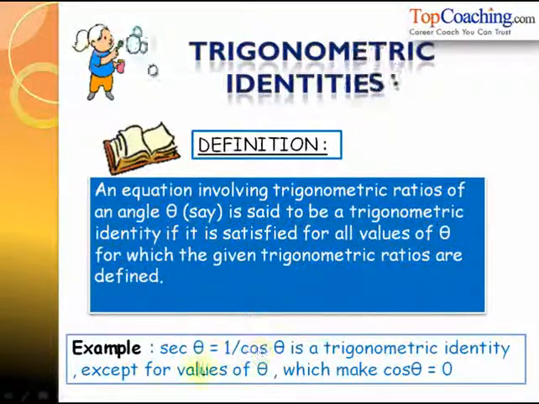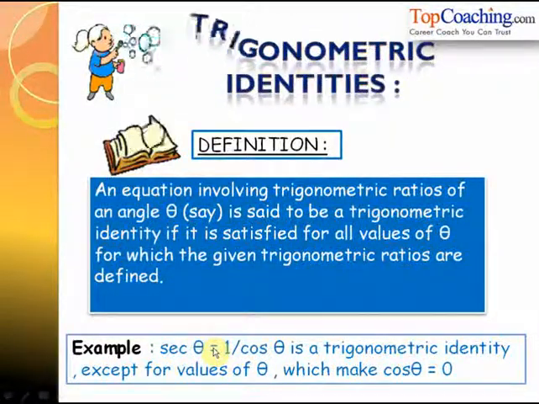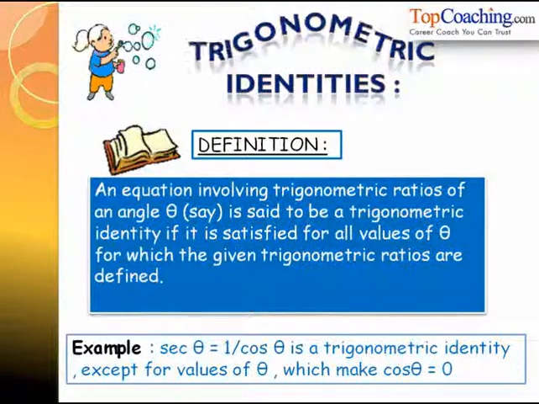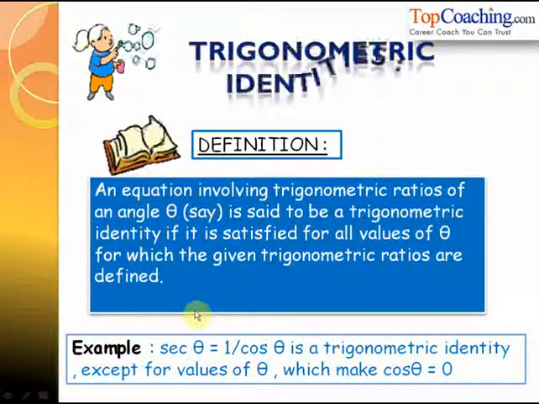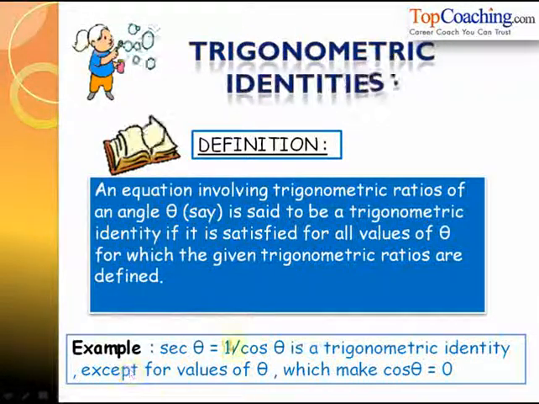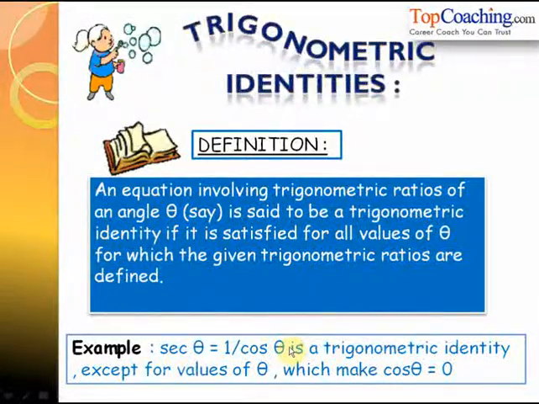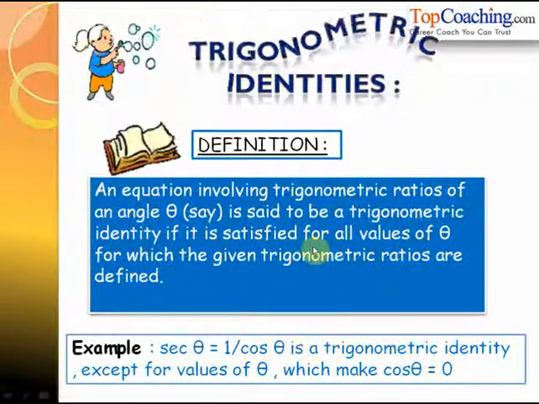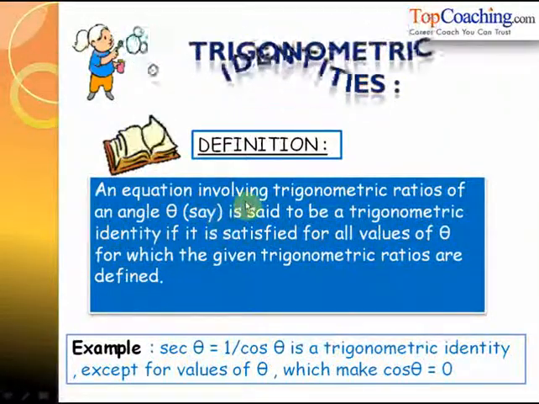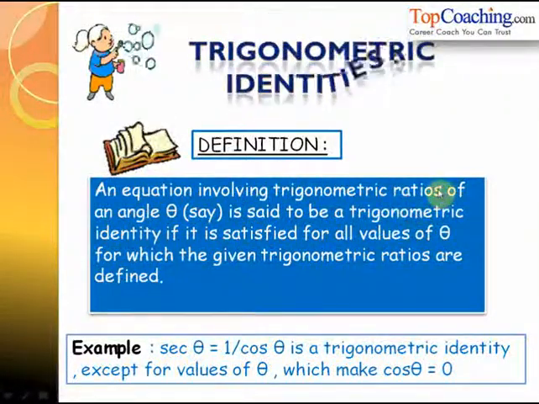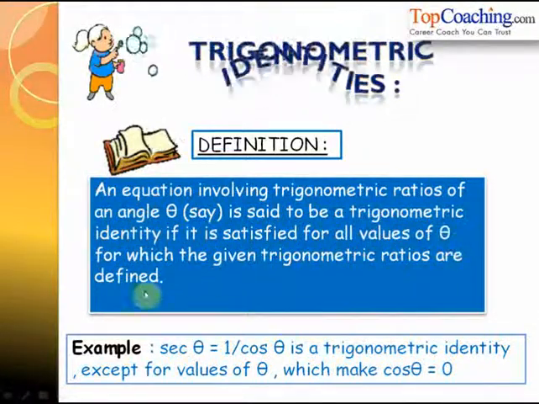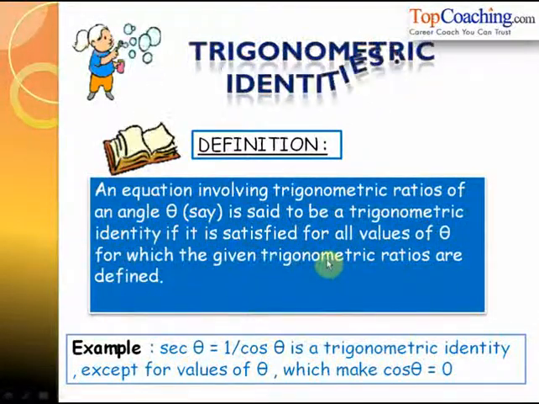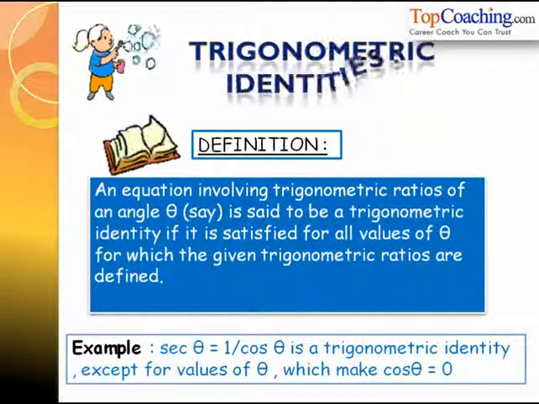So this equation is satisfied for all the values of theta except those which make cos theta equal to 0, because in that case sec theta would be undefined. So this is an example of a trigonometric identity. Once again, a trigonometric identity is an equation involving trigonometric ratios of an angle theta such that it is satisfied for all the values of theta for which the given trigonometric ratios are defined.